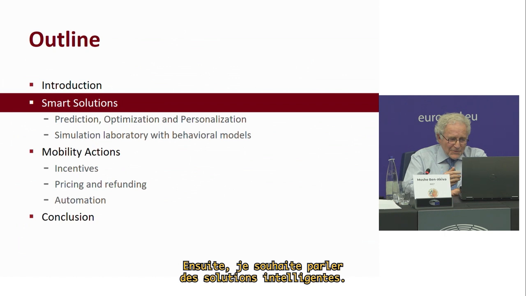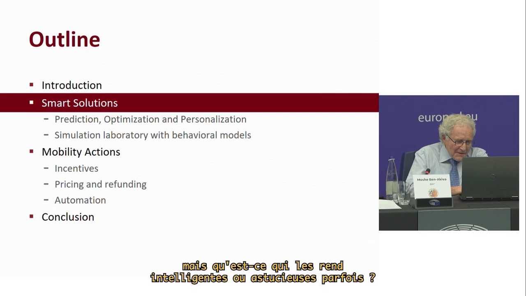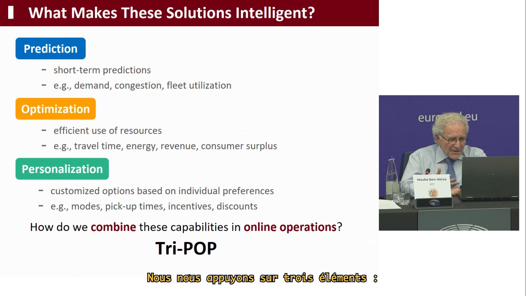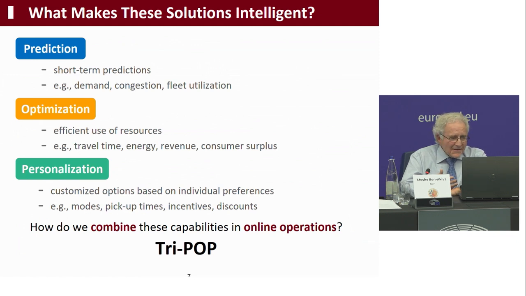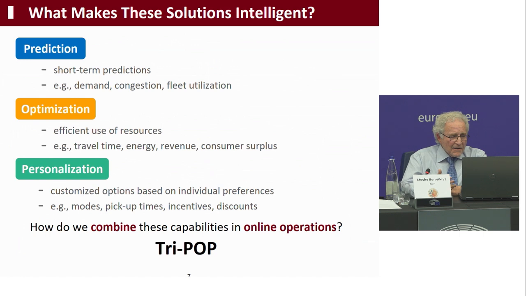And next I want to talk about smart solutions. There are solutions, there are actions. What makes them smart, or intelligent sometimes? There are three elements that we are relying on: prediction, optimization, and personalization. Prediction and optimization are kind of obvious.